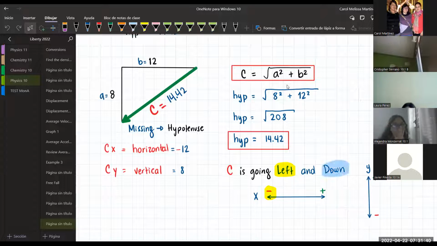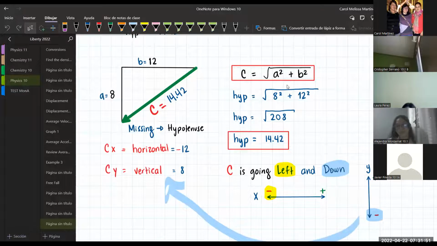Because it's coming down, the symbol for y is going to be negative. So my vertical component 8 is not 8 anymore. It's going to be negative 8 because it is going downward. So those are the two components of my hypotenuse.